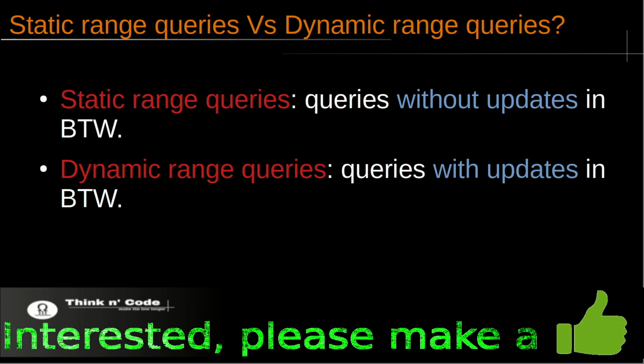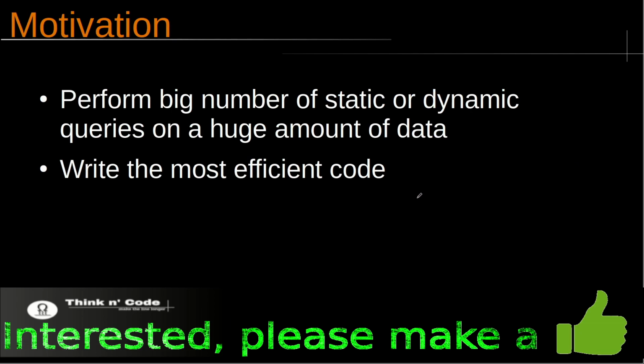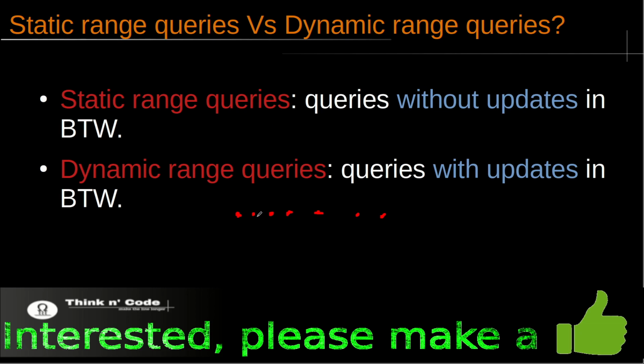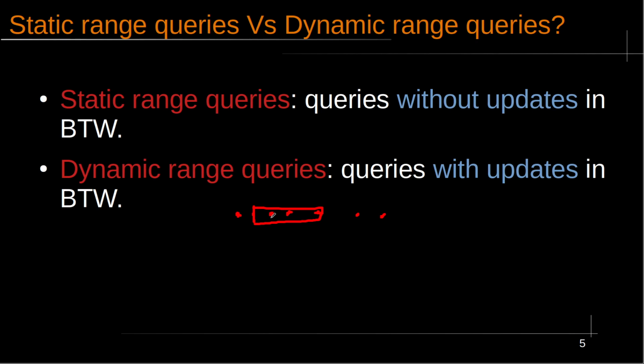For example, here, if we have some data, first we make a range query on this range. We find the value, and the second time, for example, we want to update this value from here to here.